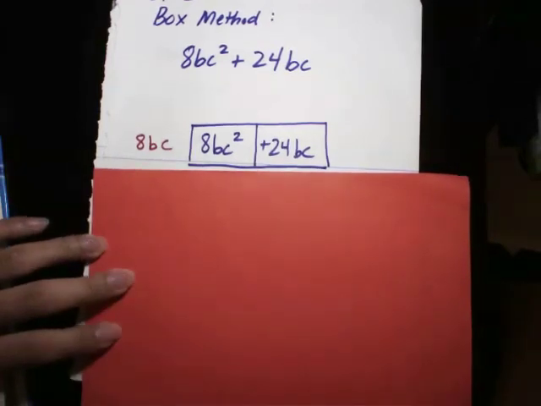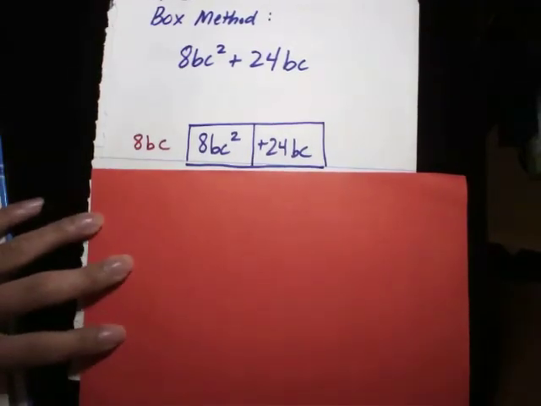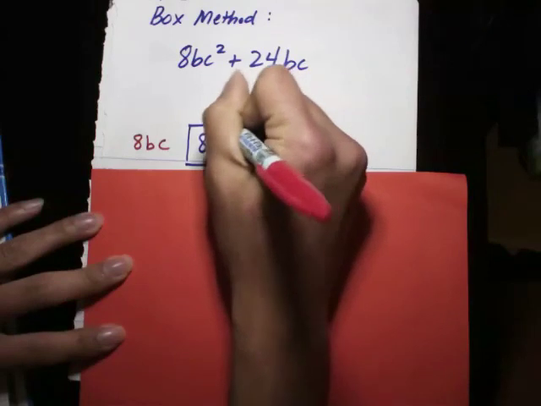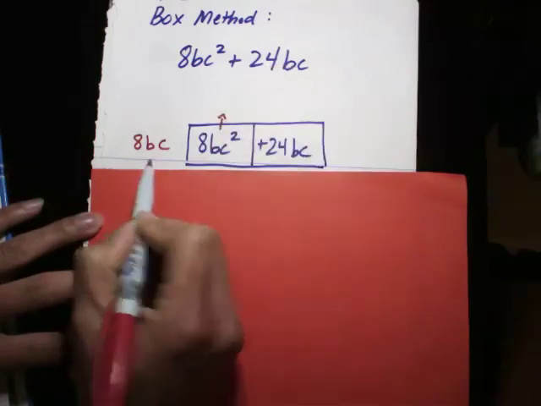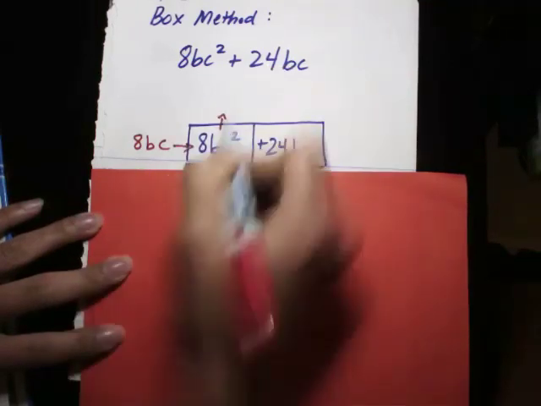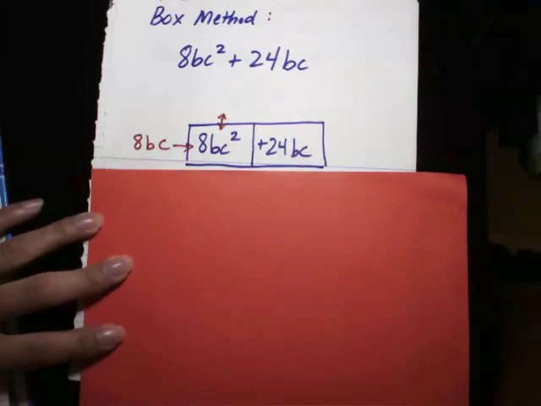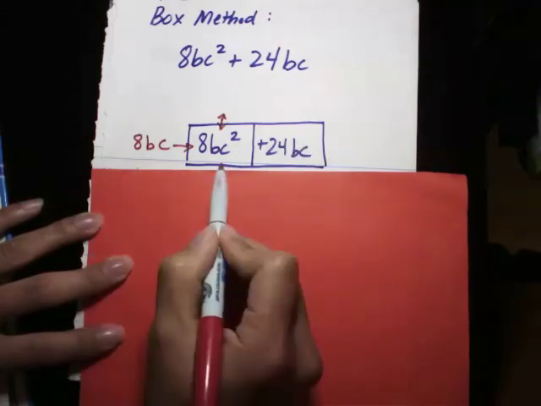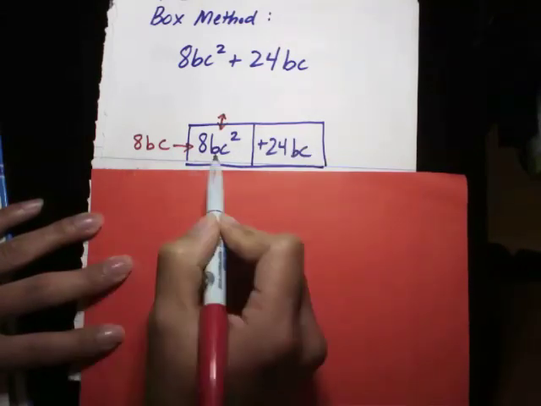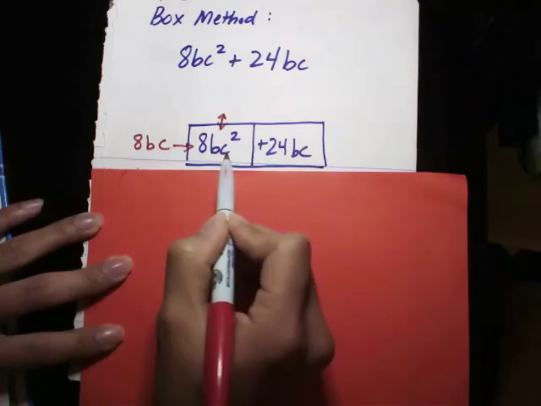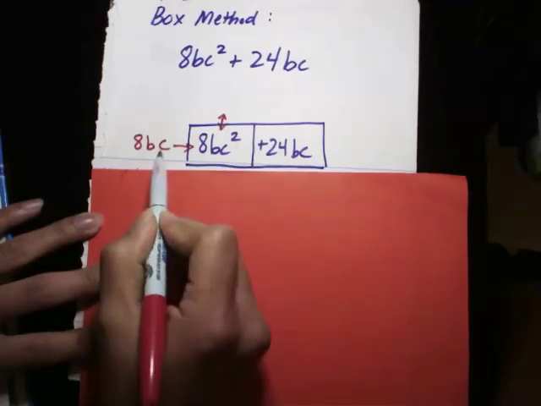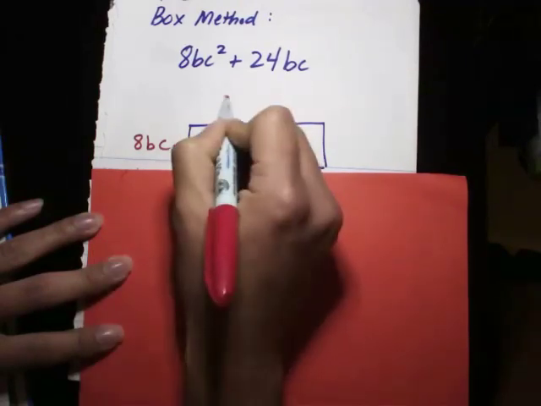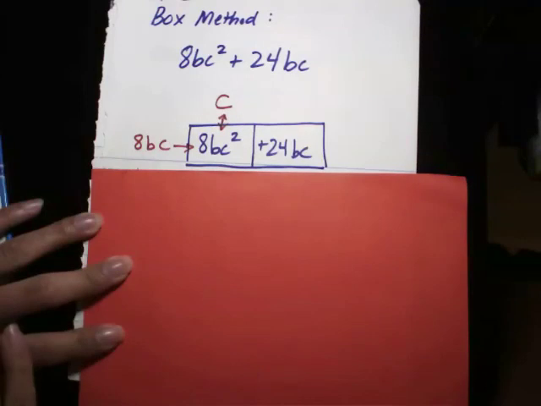Now we're going to go backwards. What would I multiply by 8bc to get 8bc squared? 8 is already accounted for, 1b is accounted for. There are c squared here and 1c here, so we need to multiply by a c.